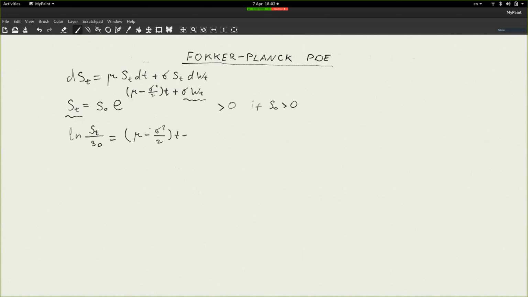And because of that, it has a normal distribution, with the mean precisely equal to (mu minus sigma squared halved) times t, and the standard deviation equal to sigma square root of t. This is already something. So we know that the log of S_t divided by S_0 has a normal distribution, and therefore S_t itself has a log-normal distribution in this particular case.